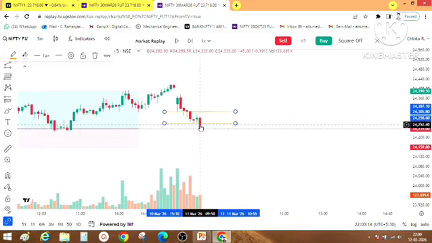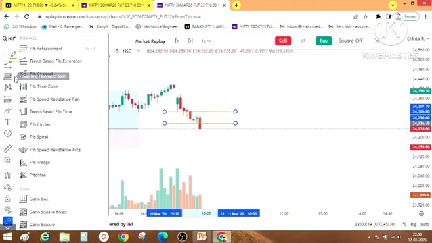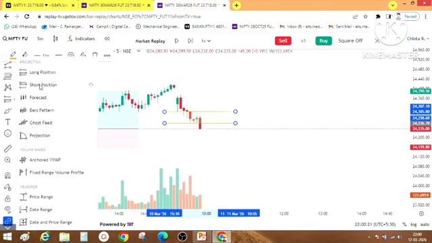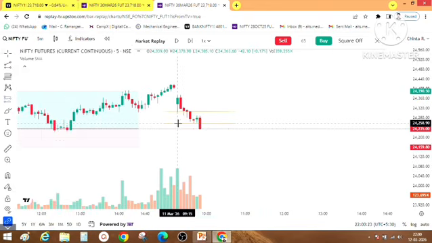Clearly you can see that it is moving downwards. You can see the trend is towards downward. Now I am taking the short position and putting it there.